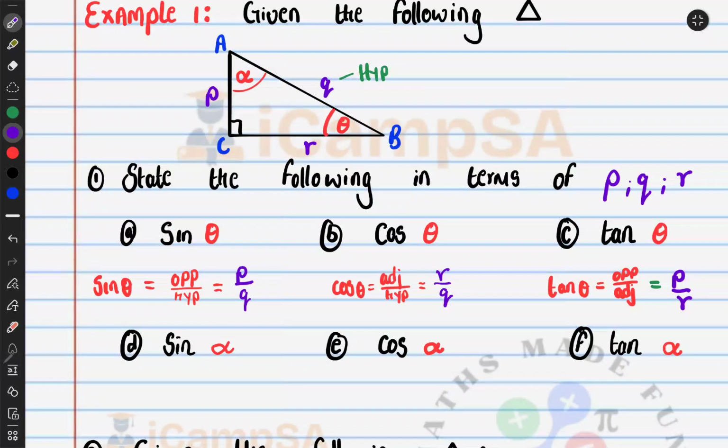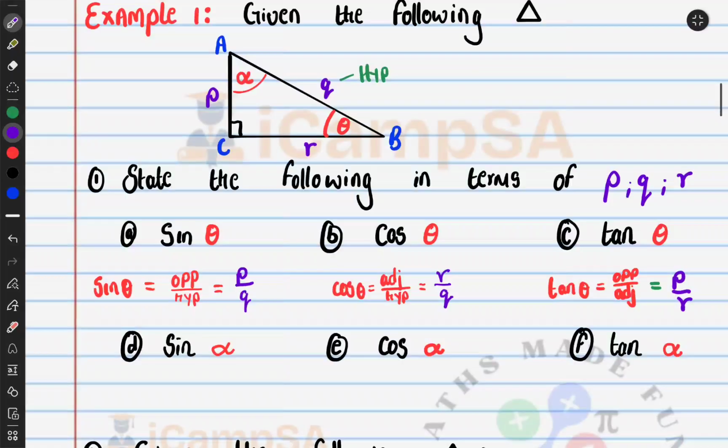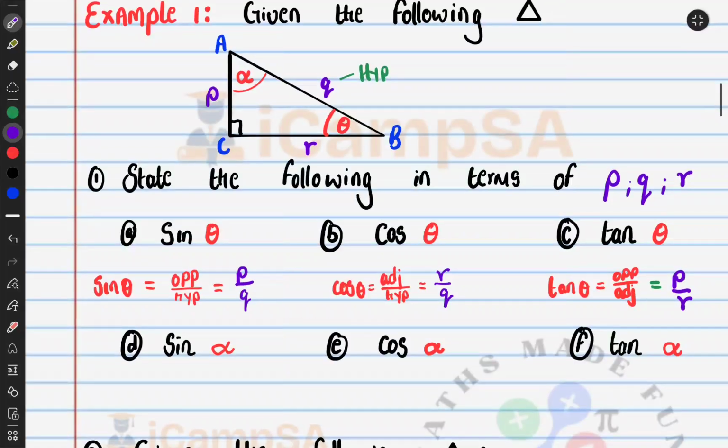Okay, and then next we are now dealing with sine alpha. Sine alpha is the opposite over hypotenuse. We need to look at the side opposite to angle alpha now.